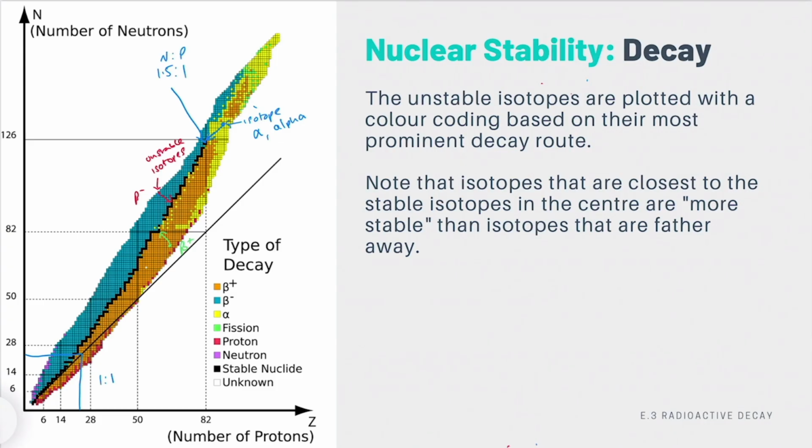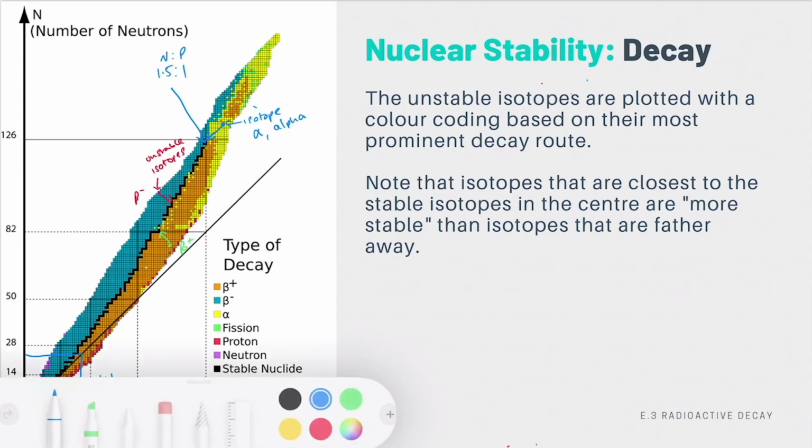If isotopes are unstable, they can take 3 processes to become more stable. On the blue side of the line, it's beta minus decay that takes place. On the orange side of the line, it's beta plus decay. And on the yellowish side of the line, it's alpha decay that makes those nuclei and isotopes more stable. One final thing to note is that isotopes that are closest to the stable isotopes are more stable.